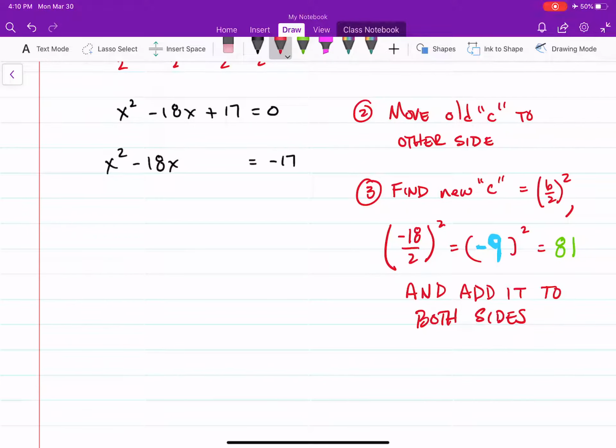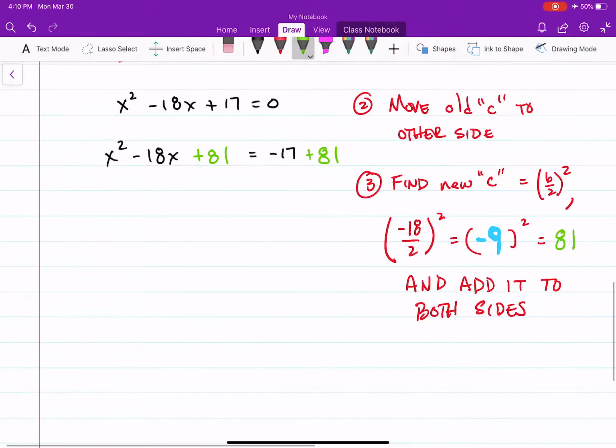Okay, so I'm taking the 81, I'm adding the 81, and notice that it was green here and it's green here. And the reason why I added both sides is because, again, it's an equation, so the left side and the right side are equal. So if I add 81 on the left side, I got to add 81 on the right side to keep it balanced, okay?